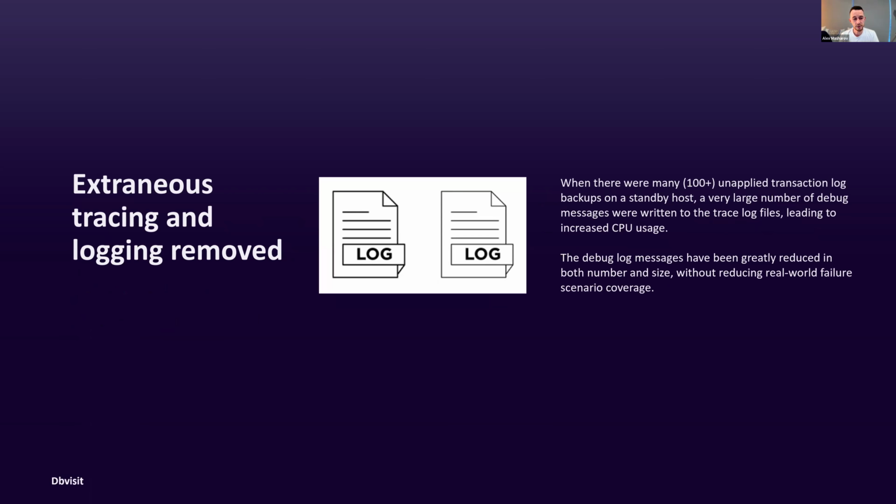And last but not least for this list, this was a fun manual task. We've gone through and we've got rid of a whole bunch of extraneous logging and tracing. So in dbvisit, we like to err on the side of caution for debug information. And our trace files and our log files tend to be quite extensive.